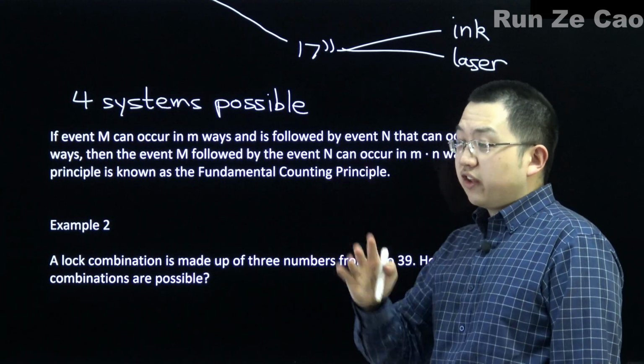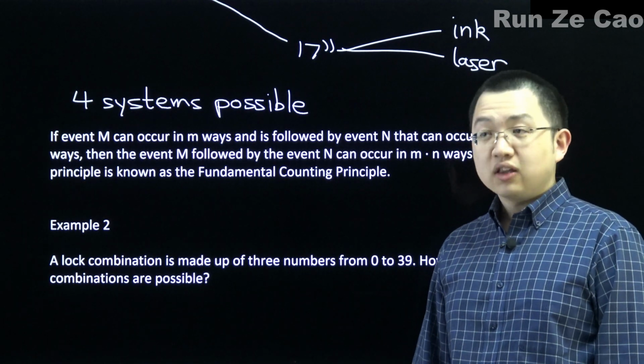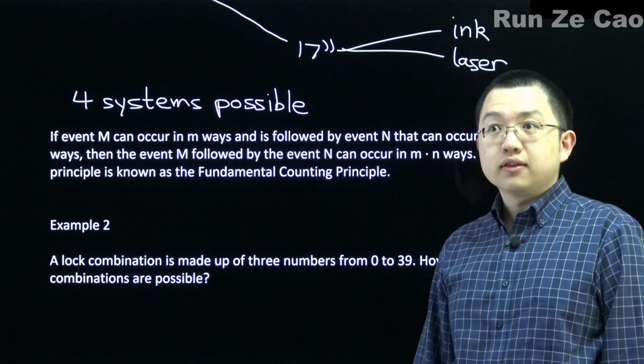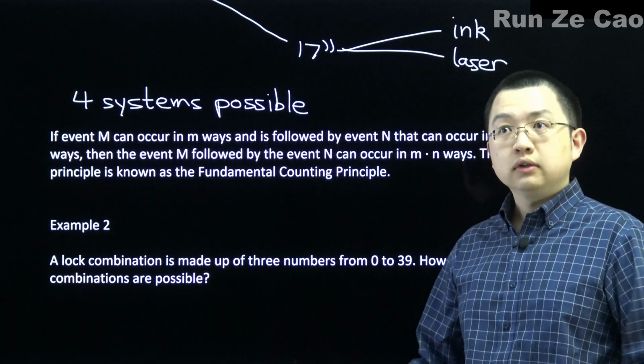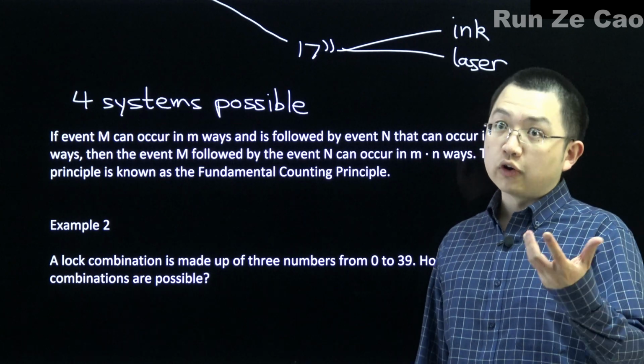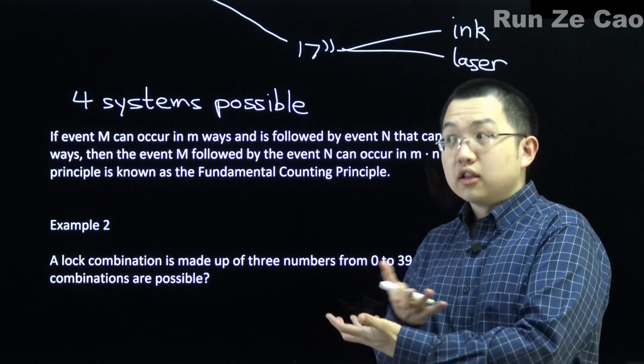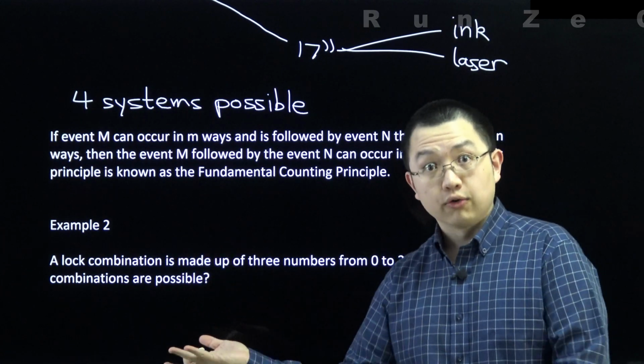Okay, so if the first twin is, say, a boy, it will affect the chance of the second twin being a boy or a girl, because there's a chance that it's monozygotic, and there's a chance that it's dizygotic. I mean, compared to if the first twin is a girl, the chances are very different. But the number of outcomes is still the same.